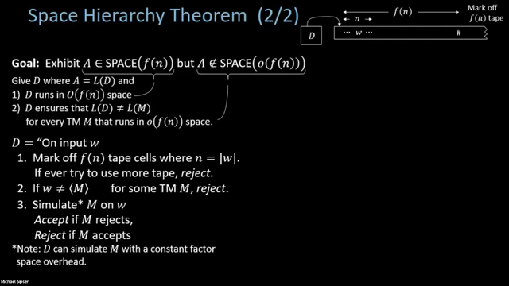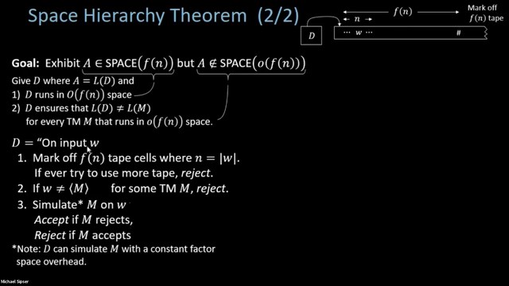But it's only going to be a constant factor. And that's important here because if this was a big blow up, D would not be able to run M. I think I'm sort of arguing the details without making sure we understand the fundamental concept. So let me back up.